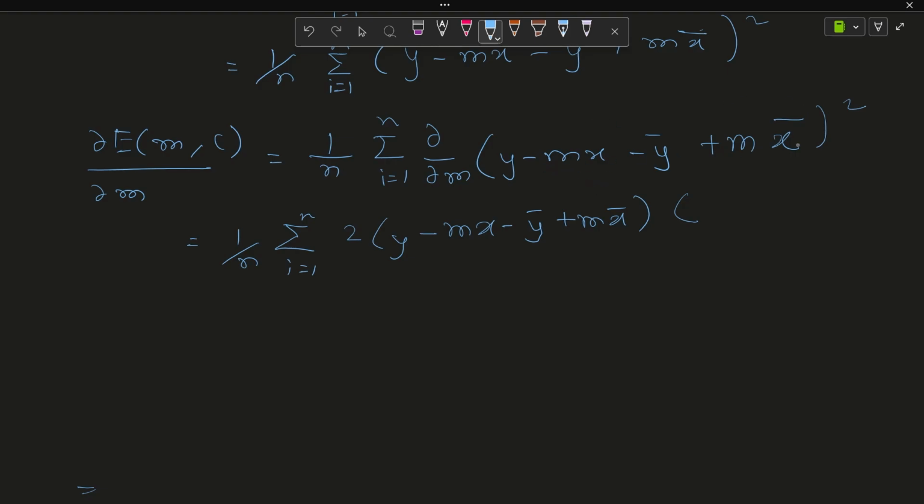So we have to find the derivative of the inside. So we will be ignoring c, but there is no c anyway. So we will be finding the derivative of this part, and this will be treated as constant, and this part. So what should it be? It will be like this, right? And we can equate this to 0.